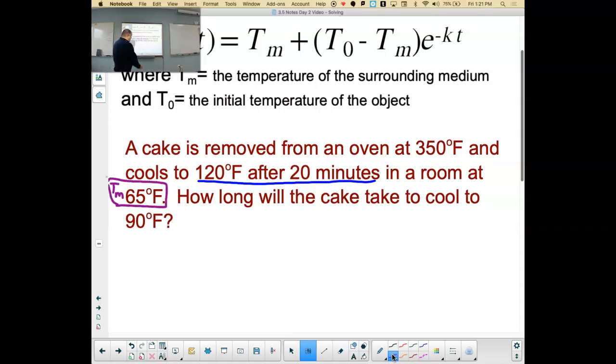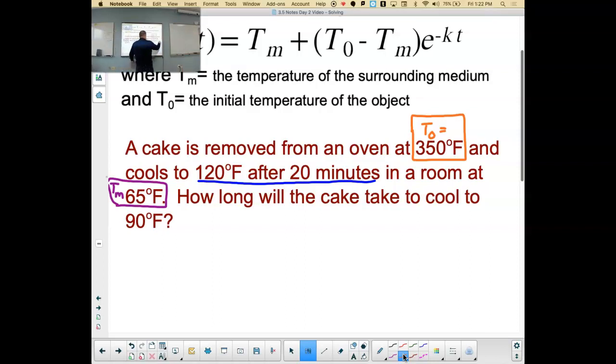We know our initial temperature, T sub 0, was 350 degrees. We know e. We know t, in this case it's 20 minutes, but we don't know that k. And we're going to need that k value for our cake to find out what our cake is. So we need to first utilize it to find k.